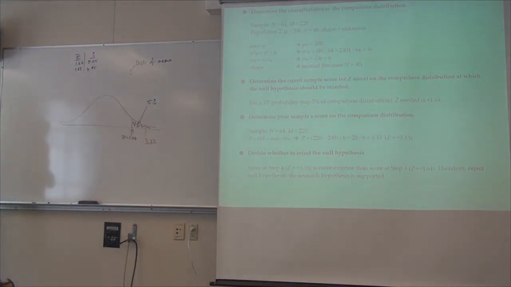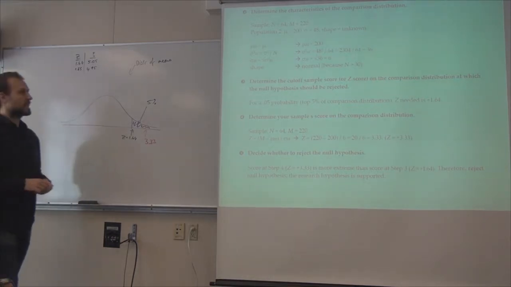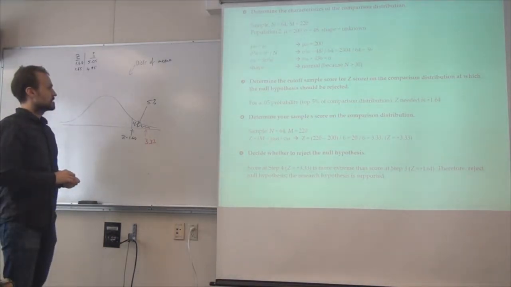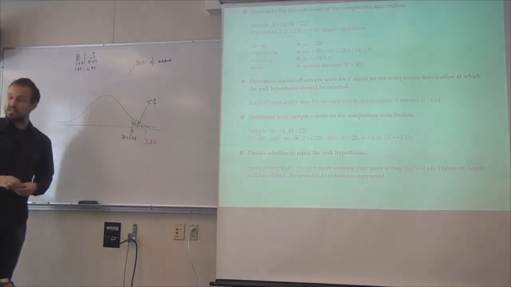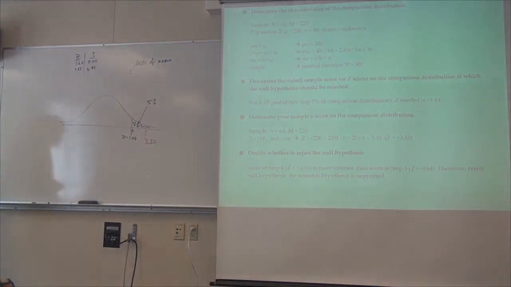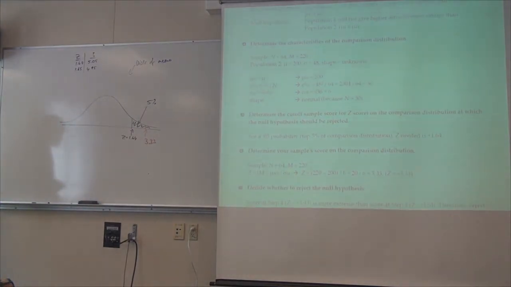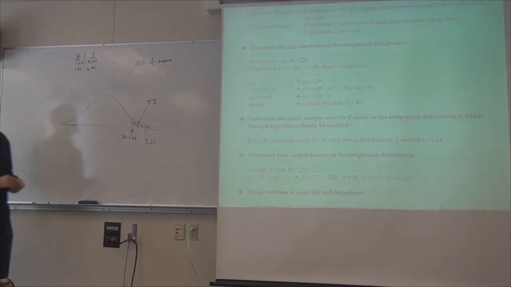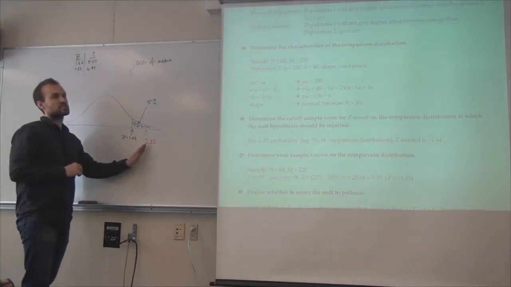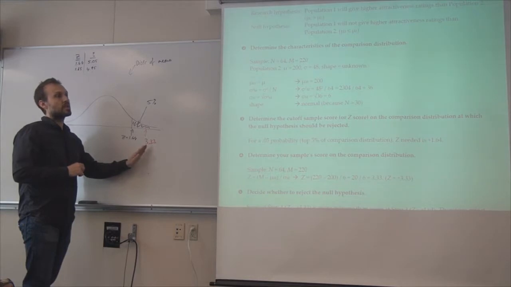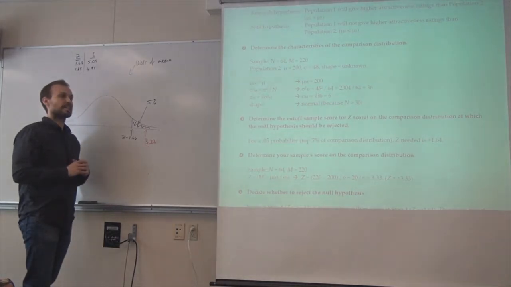What does that tell me? That tells me that the research hypothesis is probably true, because the chance of finding something this extreme, if the null hypothesis were true, is pretty unlikely.